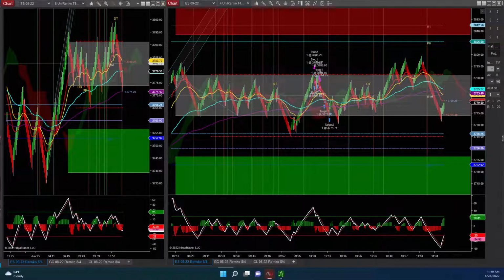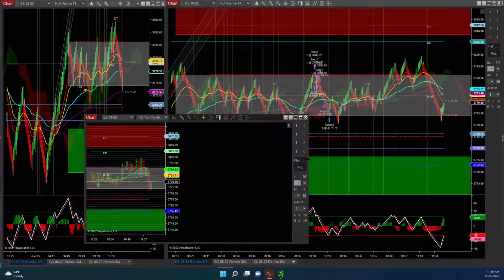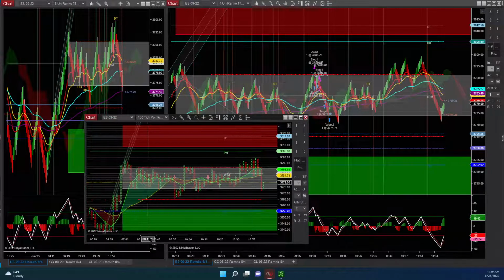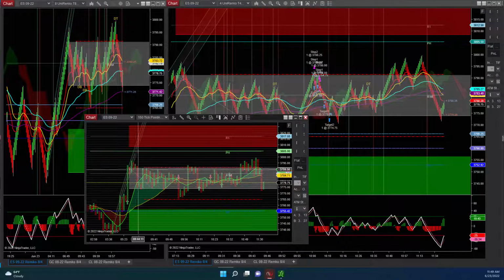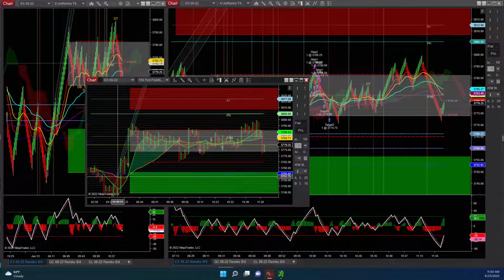Let me also show you one additional chart I have here, the point and figure. If you see here, this indicates to me that the market is still bullish, meaning that before the market opened it made a move into the range.